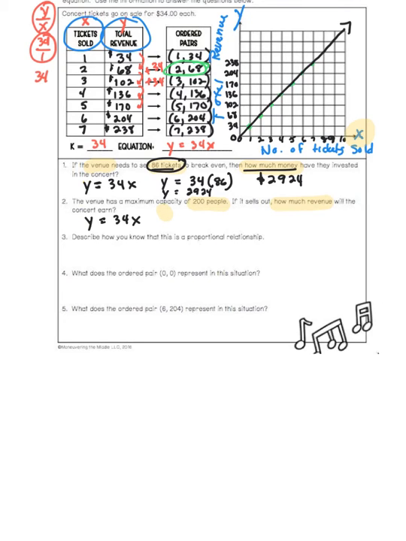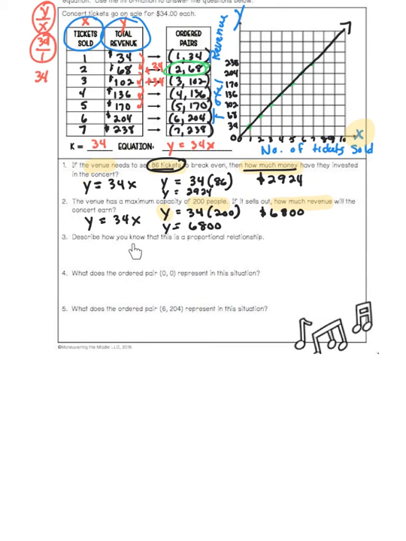So we're going to write y equals 34 times 200. Pause the video and find that out, please. If you have this answer, you're correct. If they sold all the tickets, 200 people, 200 tickets, they would make $6,800.